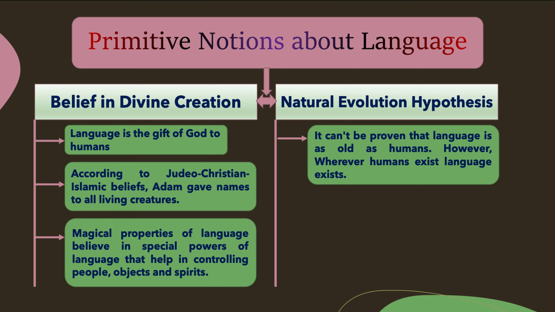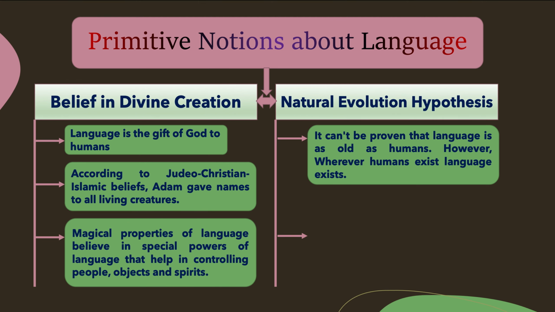This is the scientific thinking about language. However, almost everyone believes that wherever humans exist, language exists. Of course, language is the product of human society. Of course, that is for sure.